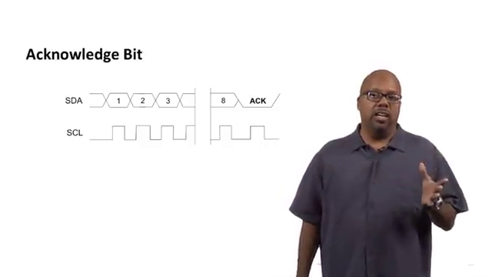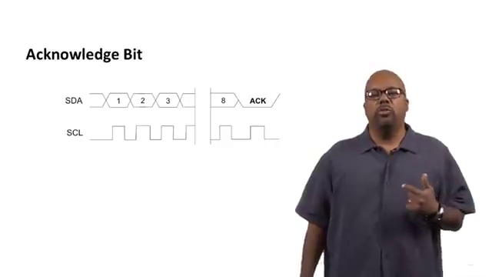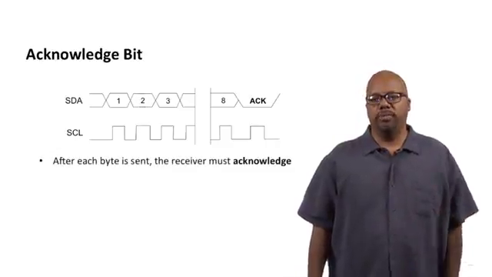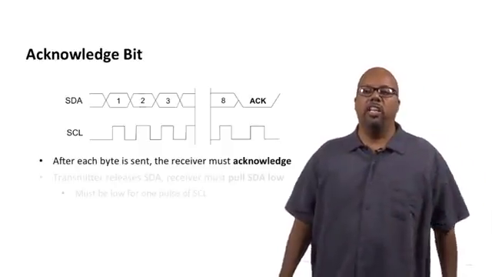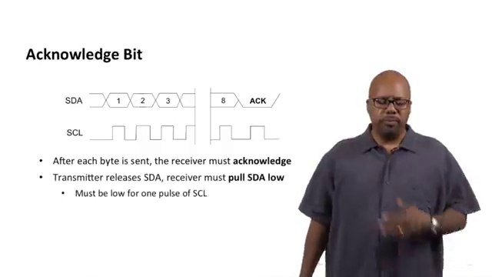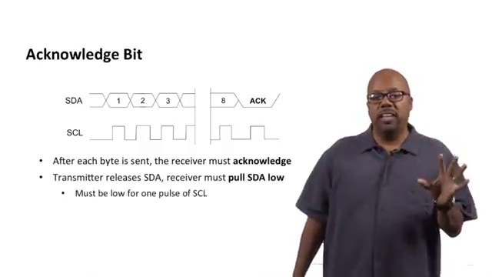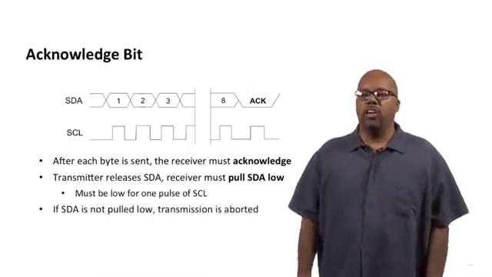That's an acknowledge. If it doesn't do that, then the sender has to assume that something went wrong and restart the communication. So after each byte is sent, the receiver must acknowledge by pulling that SDA line low. And the transmitter has to release the SDA line so the receiver can pull it low. It must be low for 1 pulse of the clock, or else your transmission is aborted.